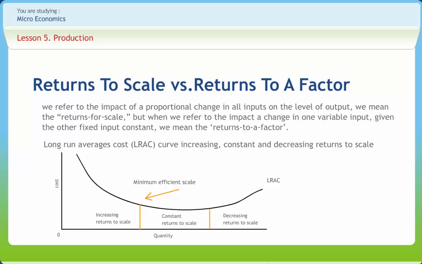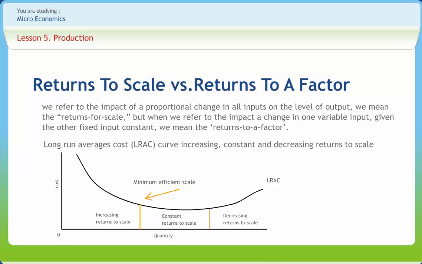The input elasticity of output indicates the returns to a factor, but the function coefficient indicates the returns to scale. The information about returns to scale can also be used to derive conclusions about returns to a factor.